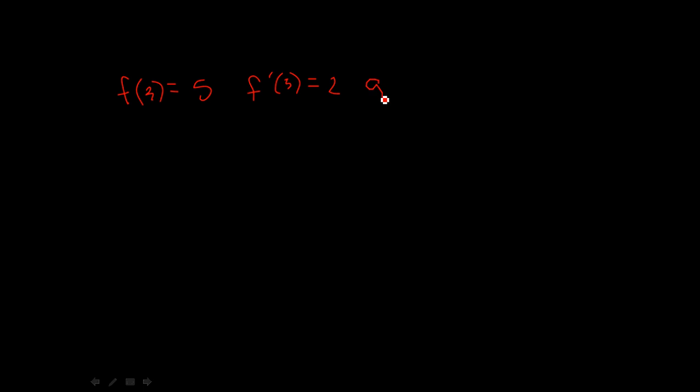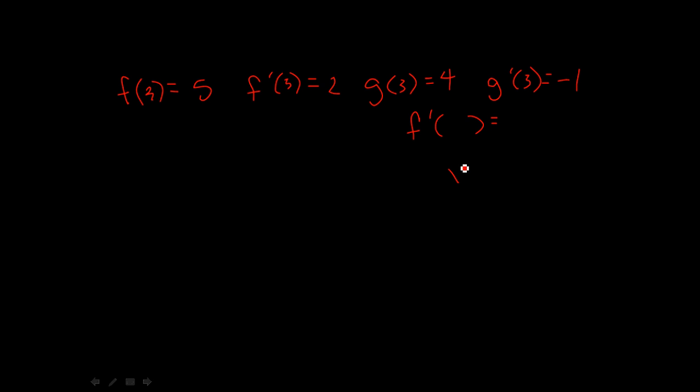G of 3 is going to be 4. And G prime of 3 is going to be -1. And then the last one that I'm going to need, I'm not sure what it's going to be, so I'll fill that in when I get to it because I haven't made up a problem ahead of time. So that way it matches what's on page 43, just not the same numbers.